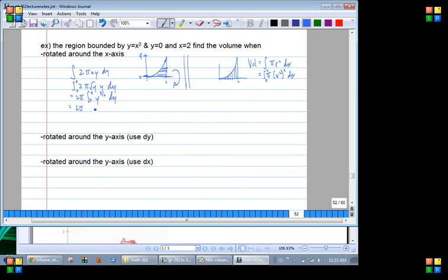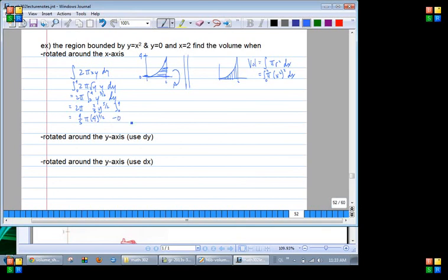I'm not sure why in dy we use 2 pi xy, because then we're kind of like rotating it. So this one will be 4/5 pi times 4 to the 5 halves.